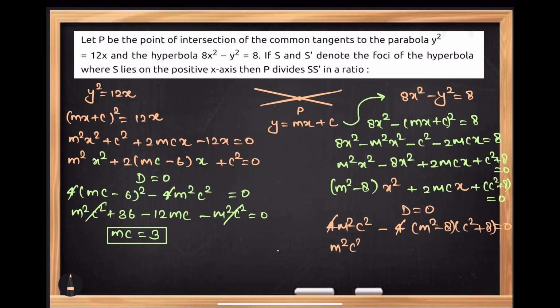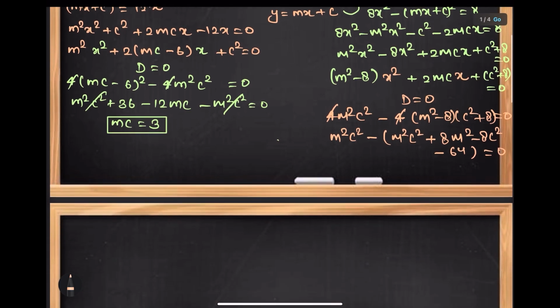So it is m square c square minus m square c square plus 8m square minus 8c square minus 64 equals 0. Here we have m square c square and here we have m square c square in minus. Now let's open this bracket. We will have 8c square minus 8m square plus 64 equals 0. Can I divide both sides by 8? So we will have c square minus m square plus 8 equals 0.